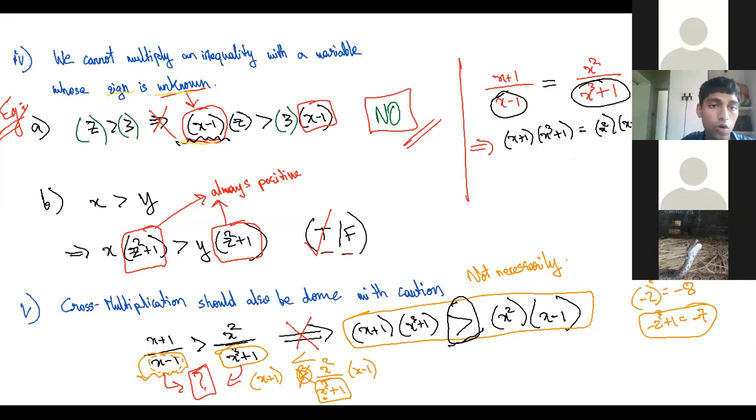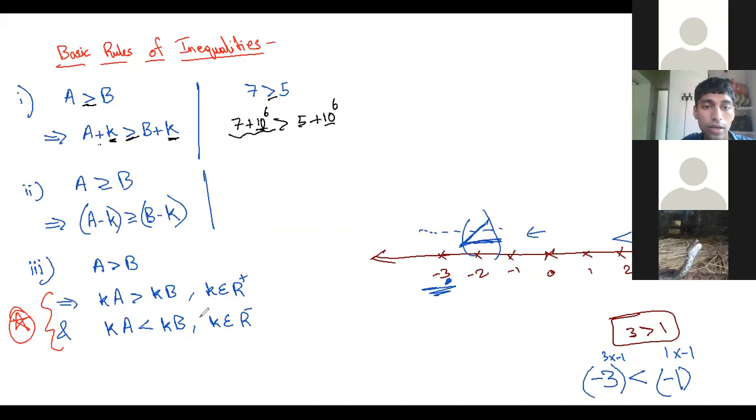We have seen that in note 3, that if k is negative and you multiply with k on both sides, here a was greater than b, but after multiplying with k, ka becomes lesser than kb. For example, 10 is greater than 5, but multiply with minus 2, minus 20 becomes lesser than minus 10. So if you multiply with a negative number, then the inequality changes.